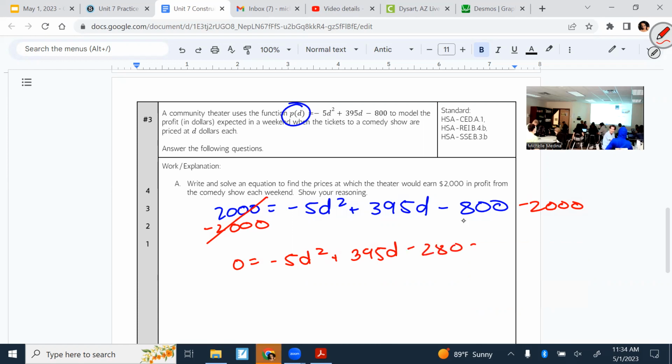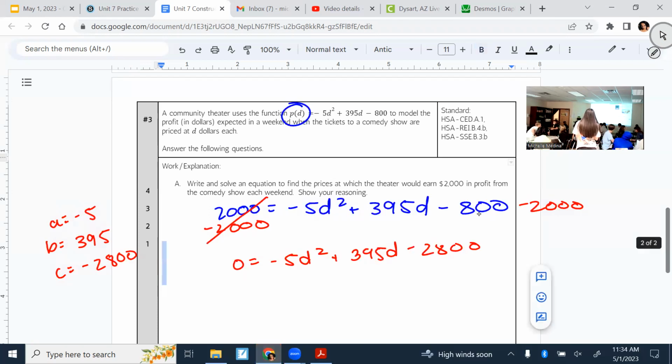And if you're solving it with quadratic formula, A is what? -5. B is what? And C is -2,800. Hopefully you can plug it in from there.